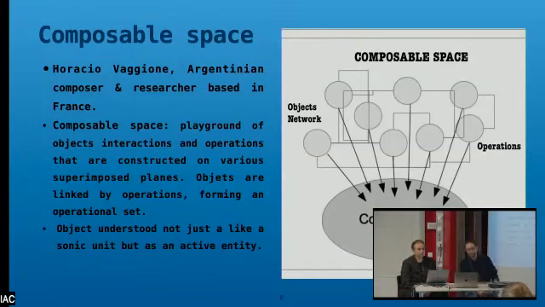It is important to point out that the object here is understood not just as a merely sonic unit, but also as an active entity. So we can talk about a sound, but also about a piece of code, or a compositional operation, or a set of codes. So it's a very flexible and wide way to approach.